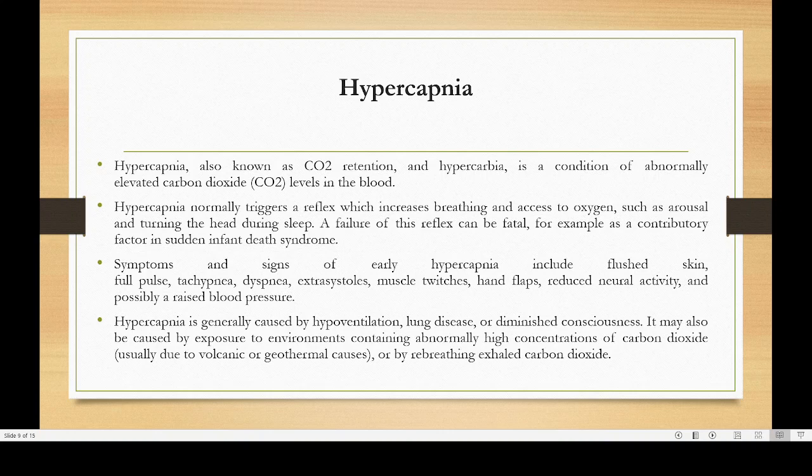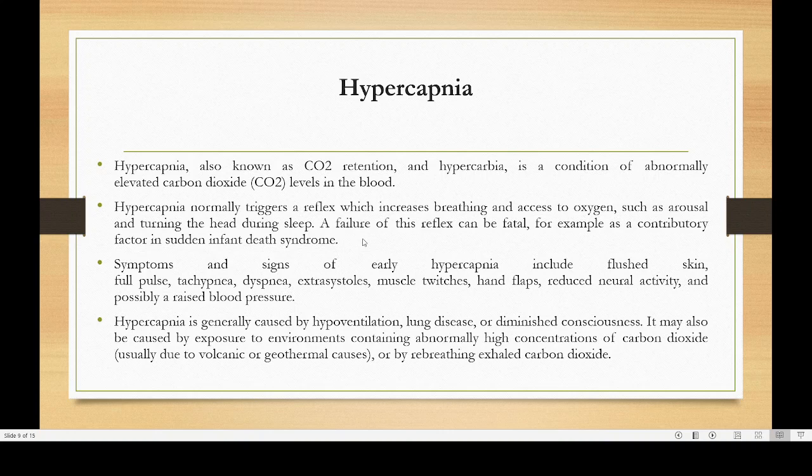After some time your brain senses that and sends a signal, and because of the signal it produces a reflex, and you automatically turn your head from right side to left side or from left side to right side. So this is how we turn our head while sleeping, because the body or brain senses that your body is having a higher carbon dioxide level. That higher carbon dioxide level produces this reflex, and that results in turning of the head.